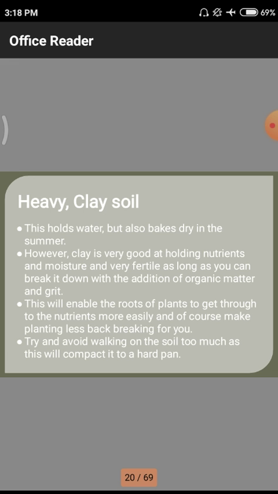The next point is that clay is very good at holding nutrients and moisture and is very fertile, as long as you can break it down with the addition of organic matter and grit. That means clay soils have a very good property of taking up nutrients. These kinds of soils are very useful for agricultural purposes, not for construction purposes. So we have to use these kinds of soils for agriculture in some kinds of land.